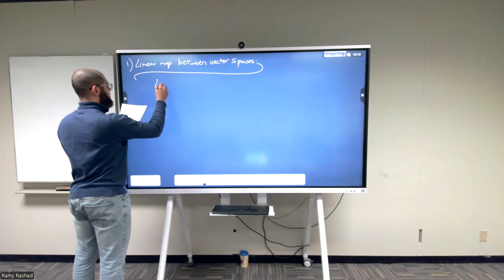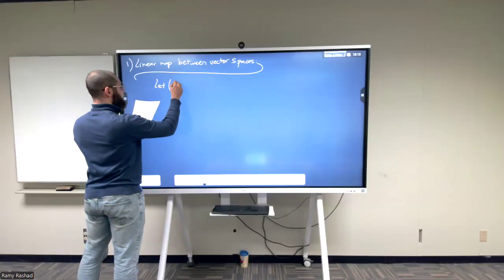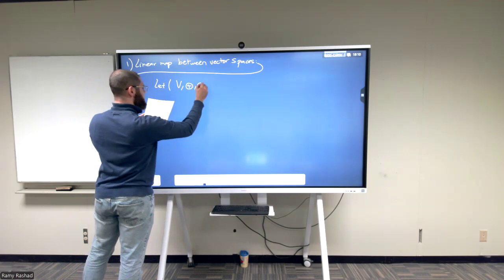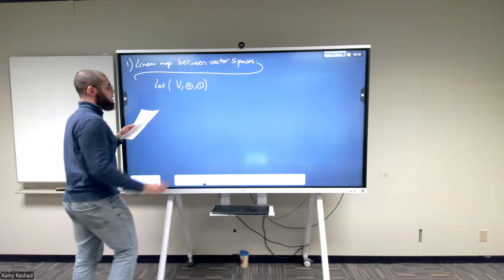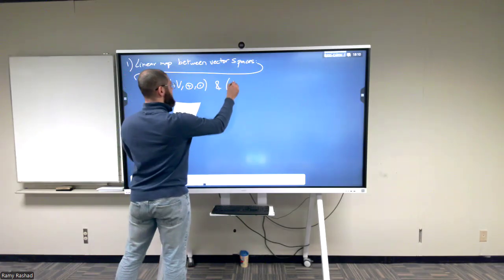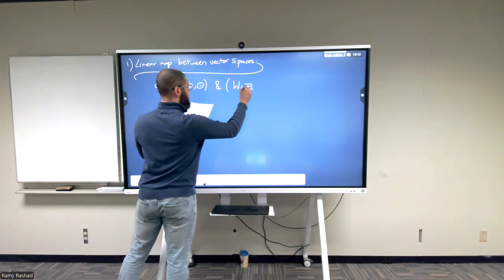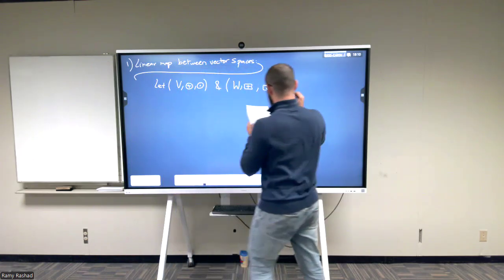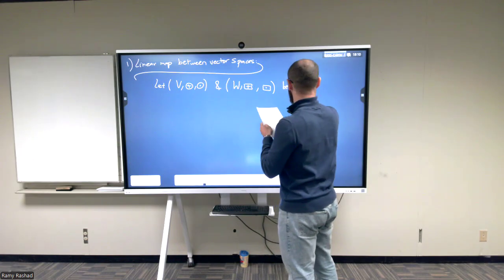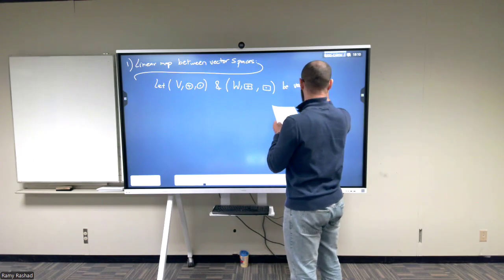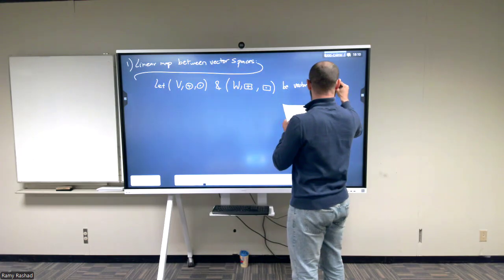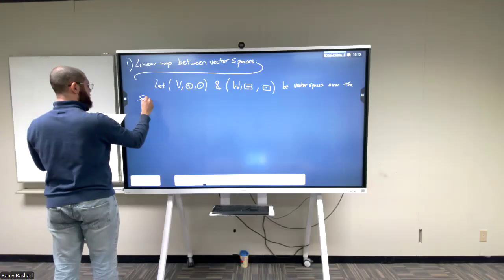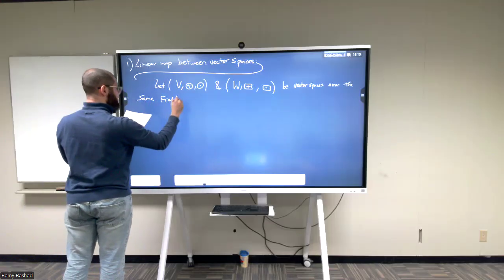Let the triplet V, circ plus, circ times, and W, square plus and square times, be vector spaces over the same field K.